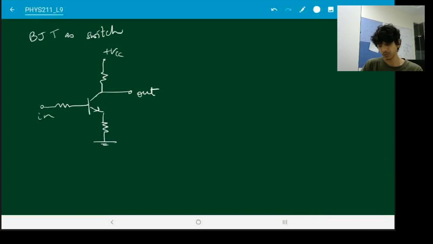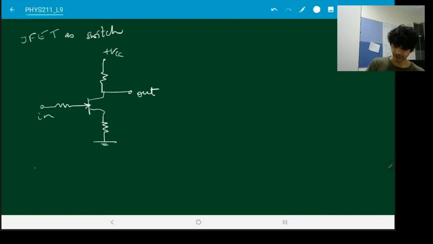So we said this is like a switch, because depending on whether input is high or low, the current will flow or won't flow through this vertical branch. Same way, instead of seeing BJT as a switch, you can have a JFET as a switch. Exact same way, I am just going to replace this with a field effect transistor. So the same thing happens.